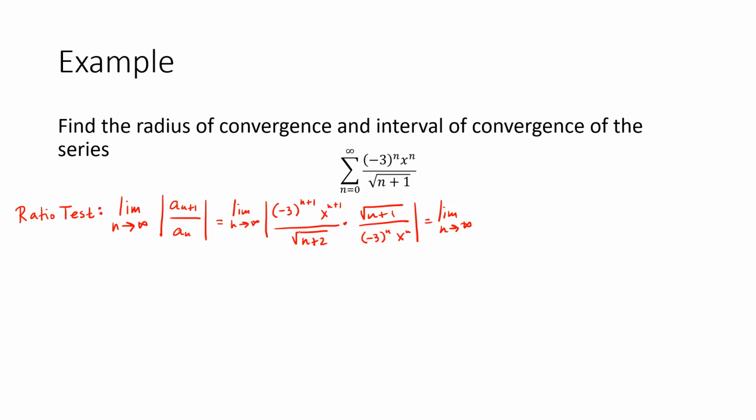And then let's see how this simplifies. Remember that here (-3)^n divides with (-3)^n up here. x^n divides with x^n up here.